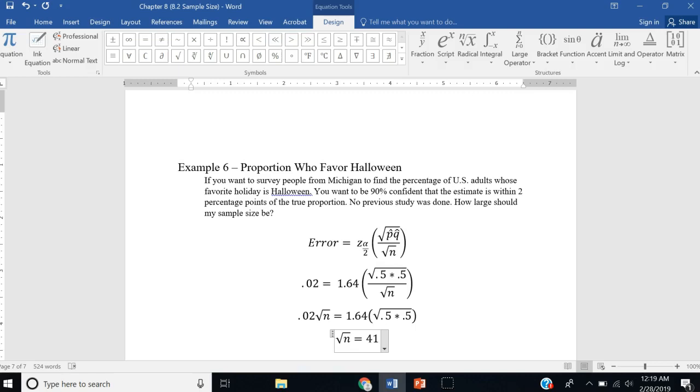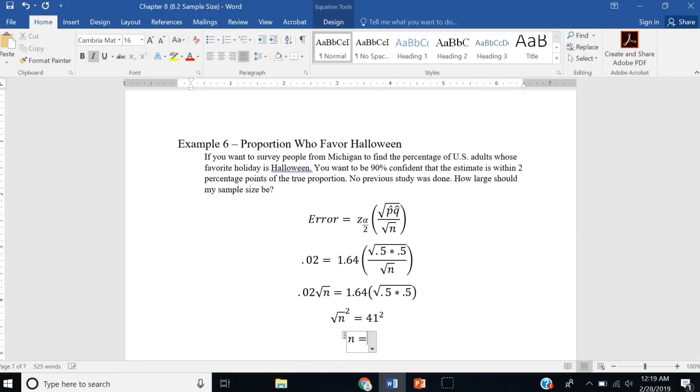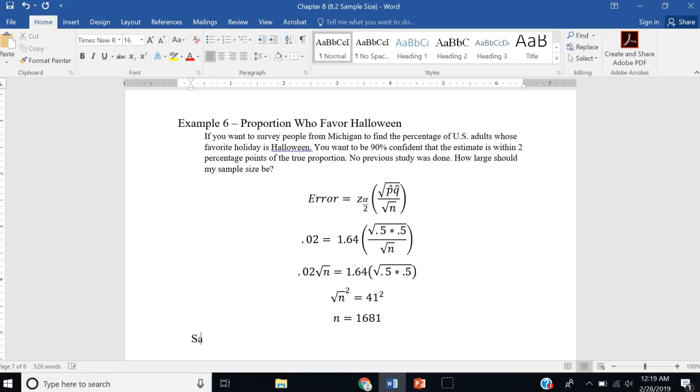So 1.64 times the square root of 0.5 times 0.5, and then divide by 0.02, lands on a whole number. This is the first time that's happened, but that's fine. We'll square both sides, just like always, and I get 1681. So we should sample 1,681 adults.